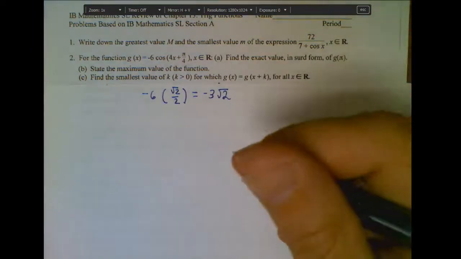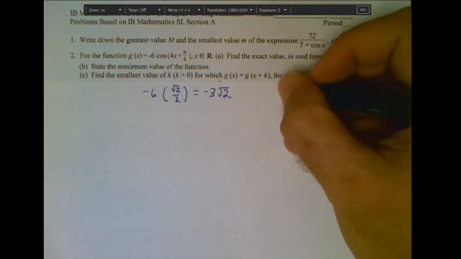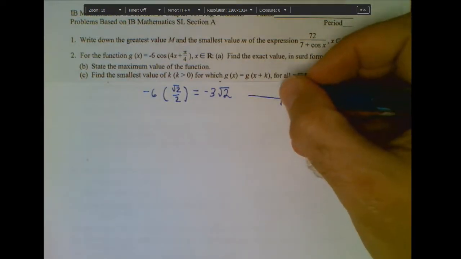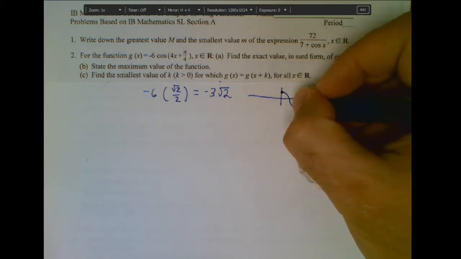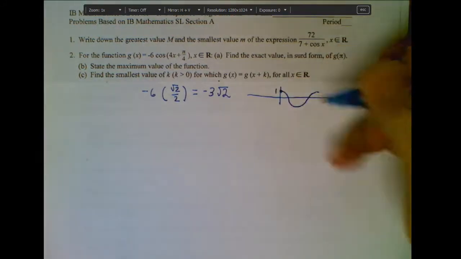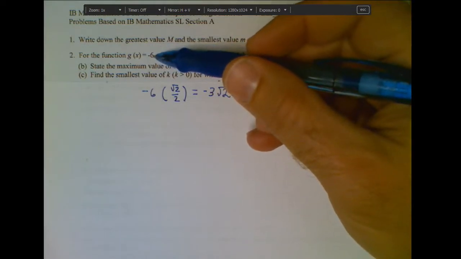Part B, state the max value of the function. Keep in mind, for a cosine function, if you were graphing it, the parent function starts at 1 and then works its way through one full period. So when you have a value like this, that changes the amplitude.